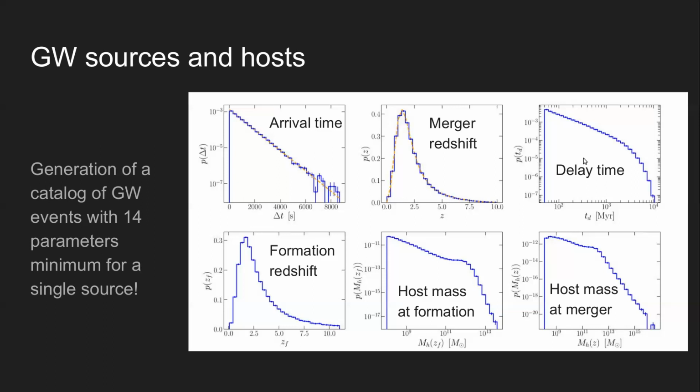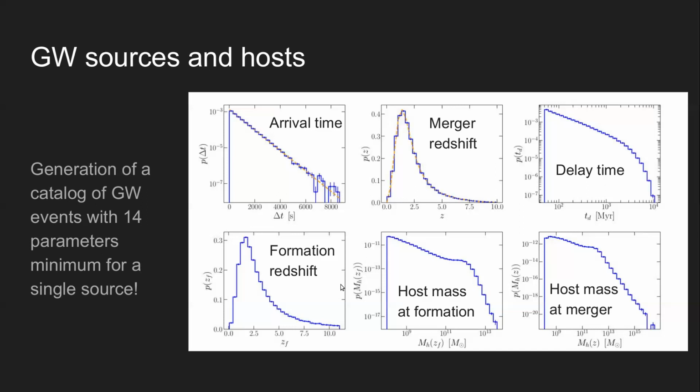You have to know what the delay time was between the formation of your binary and your merger event. And as you can see, this is of order megayears. And from this, you can hope to infer some formation redshift.